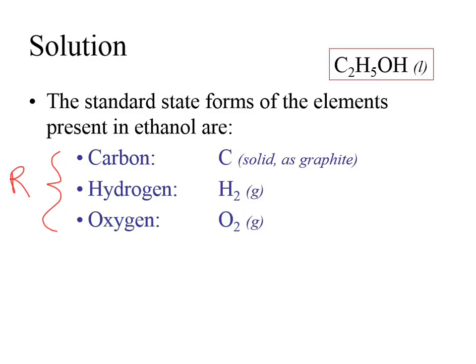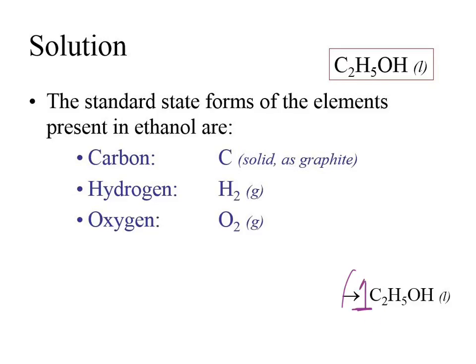So then we could start like this. On the product side, remember we said that's the formation of 1 mole. So when we balance this, and we will balance this, we have to have a 1 there with our ethanol.